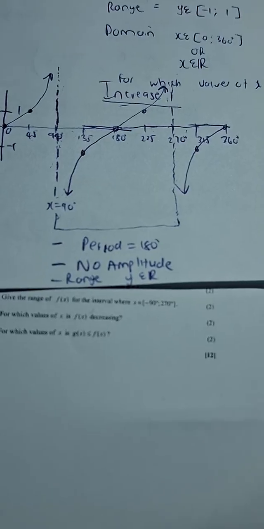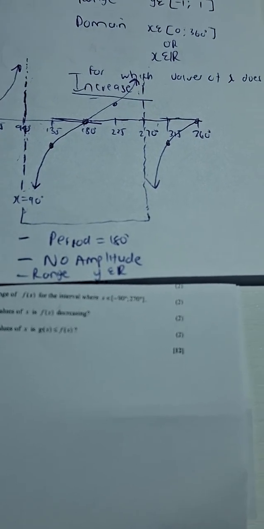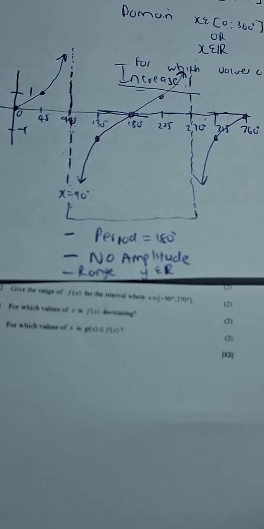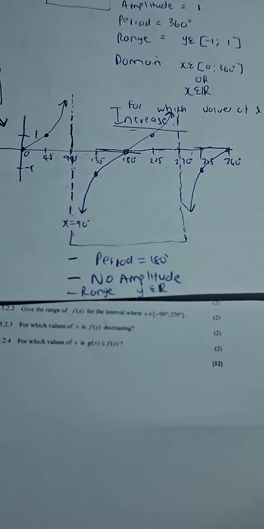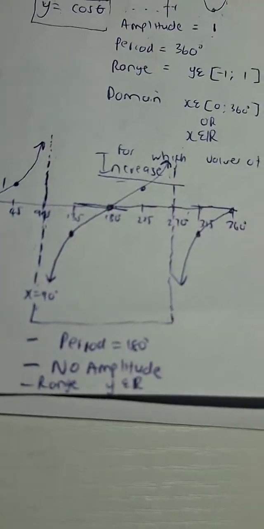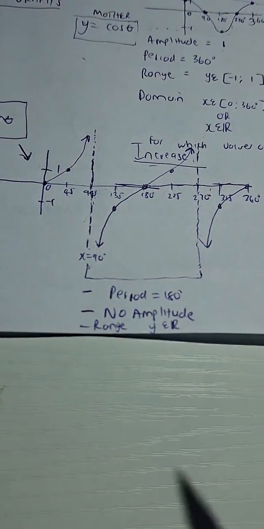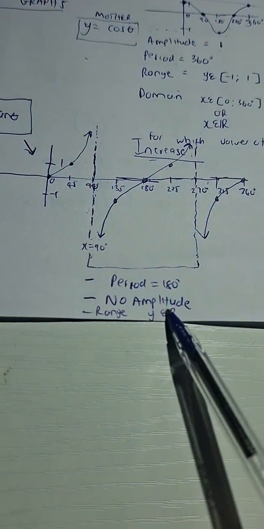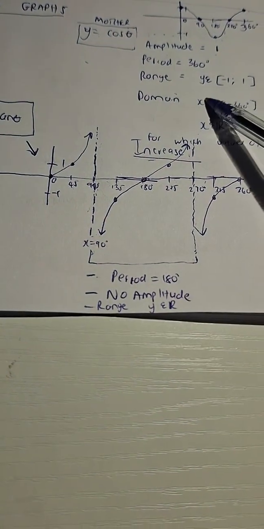The amplitude is not 0, and it is not undefined. There simply is no amplitude. Then range, y is an element of real numbers. The function will exist everywhere from the bottom to the top.